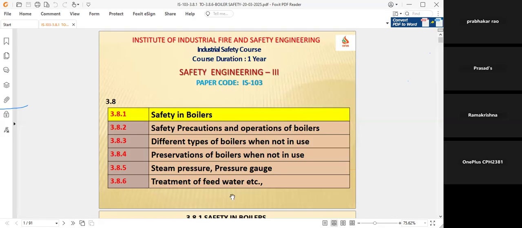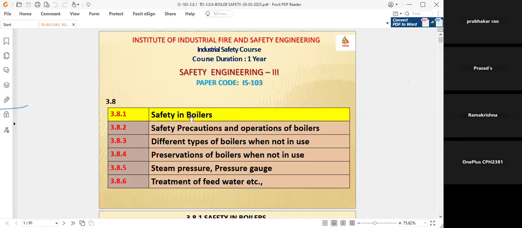The treatment of feed water is also very important. You know that boiler feed water has a lot of specifications, and it is treated in the demineralizer plant, that is the DM plant. We will discuss all these things one by one in the coming slides, next week also, after completion of today's.